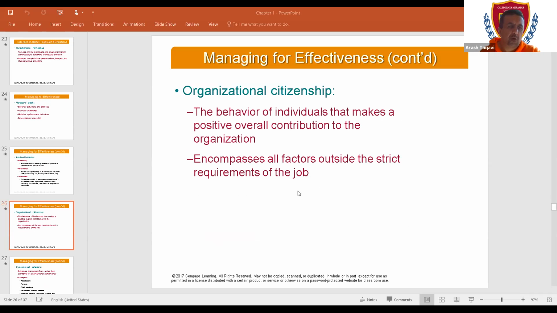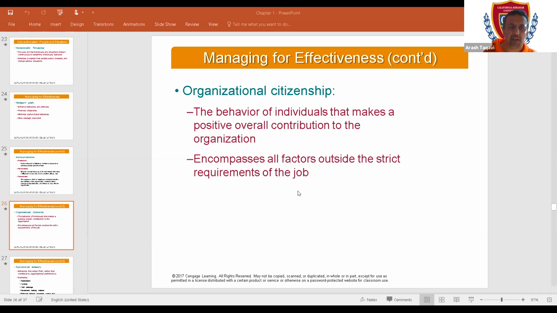Organizational citizenship, or organizational belongingness, is the behavior of individuals that makes a positive overall contribution to the organization. We have three words here: first, positive; second, overall; third, contribution. You can have a negative overall contribution, yes.